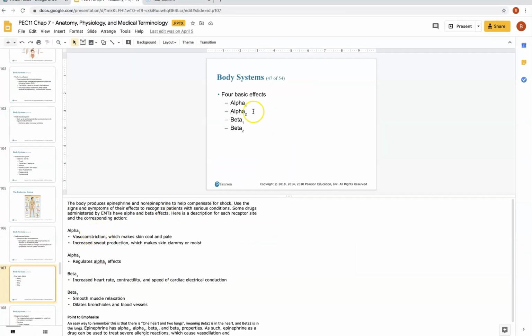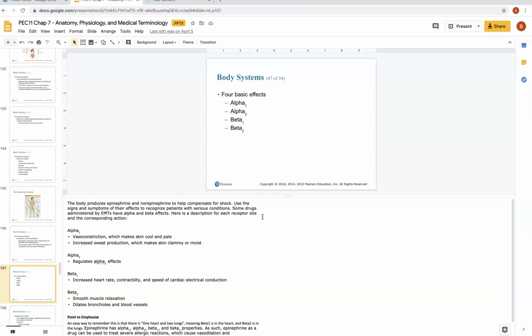So alpha 1, one of the 4 basic effects, will give you vasoconstriction, which makes the skin cool and pale. Increased sweat production, which makes the skin clammy or moist. Alpha 2 regulates alpha 1 effects. Now, beta 1 increases the heart rate, contractility, and speed of cardiac electrical conduction.